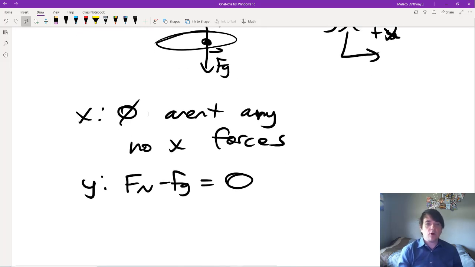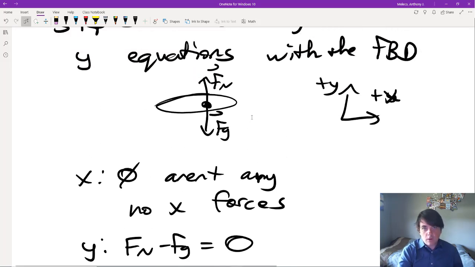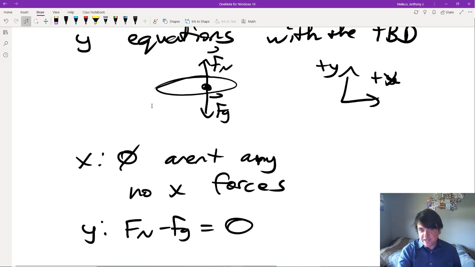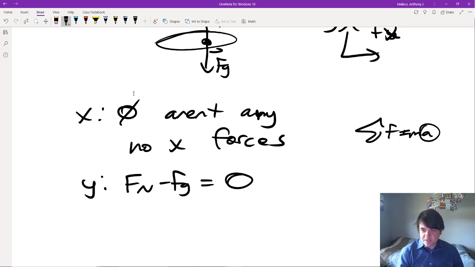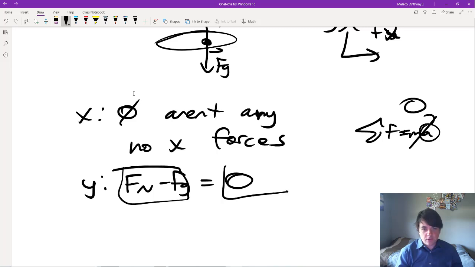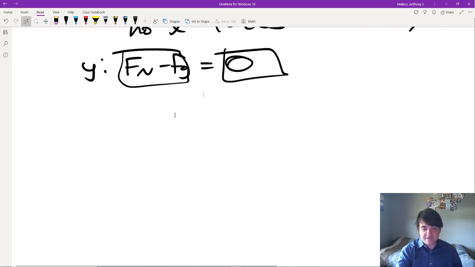I'll go into more detail about how step 2 works, but step 2 is literally sum of the forces equals ma. The reason this is 0 here is because for this particular example, the phone's not accelerating in the y, so the sum of the forces equals 0. And there aren't any x forces.